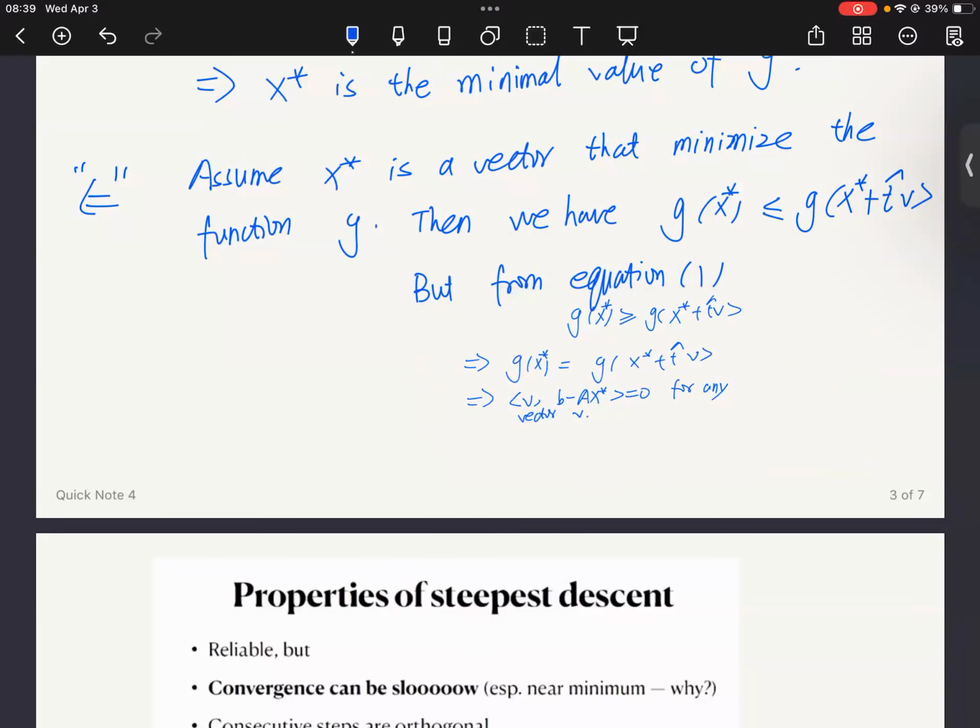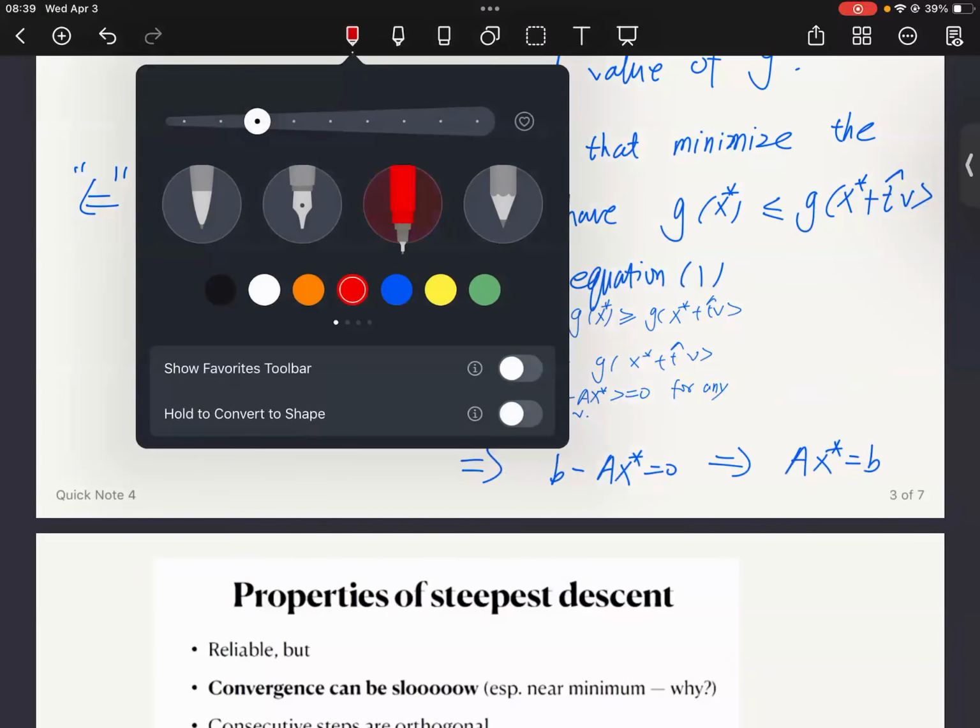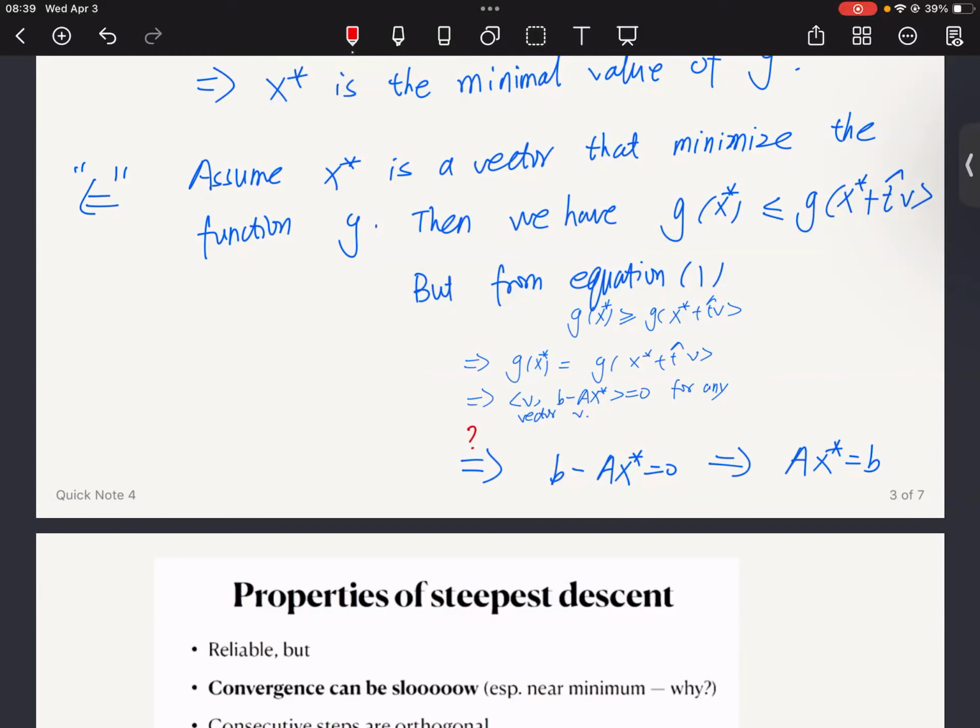So here you have b minus Ax star equals 0, and then Ax star equals b. And then we can conclude that X star is the solution of the system Ax equals b. But why do we have this? Any idea? Why can we do this?